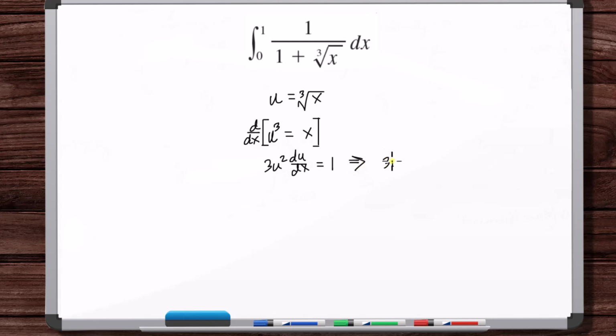So 3u squared du is equal to dx. So 1 plus u, and then dx is 3u squared, and then du. There we go.